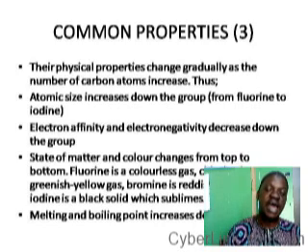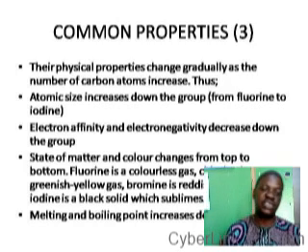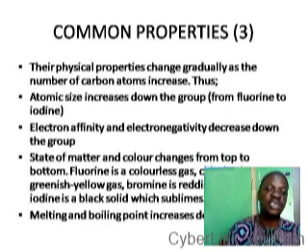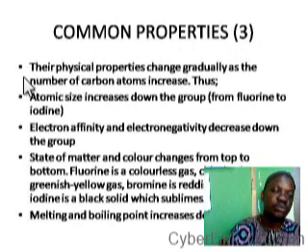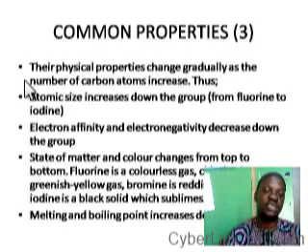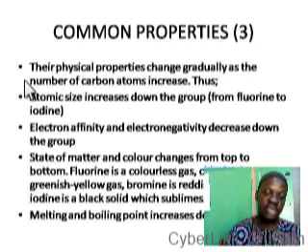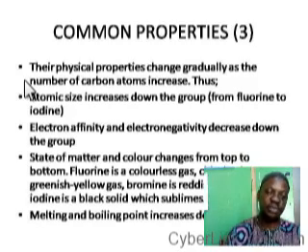It is rather a halogen that is created as a result of radioactivity, and that is why its properties are not of importance to chemists. Now, physical properties of halogens. They don't have similar physical properties.